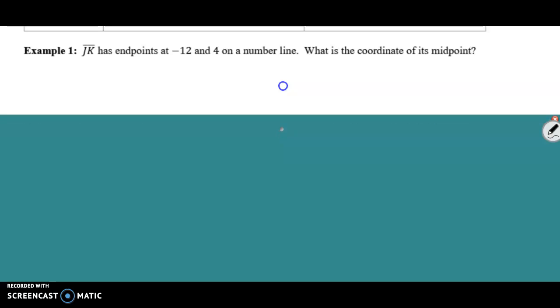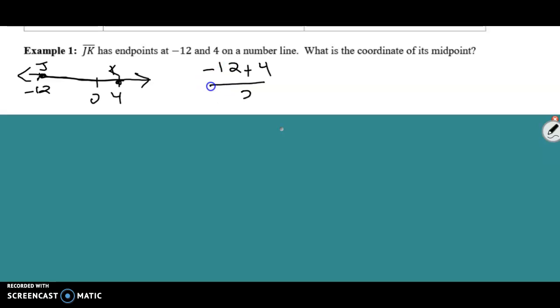Okay, so if you want to draw a picture, you can, but you don't have to. You've got a number line. -12 would be here. 0 could be here somewhere. 4 could be here. And we have this segment. J is at one end, K is at the other. You don't have to draw a picture because all you have to do is find the average of the two numbers. -12 plus 4 and divide by 2.